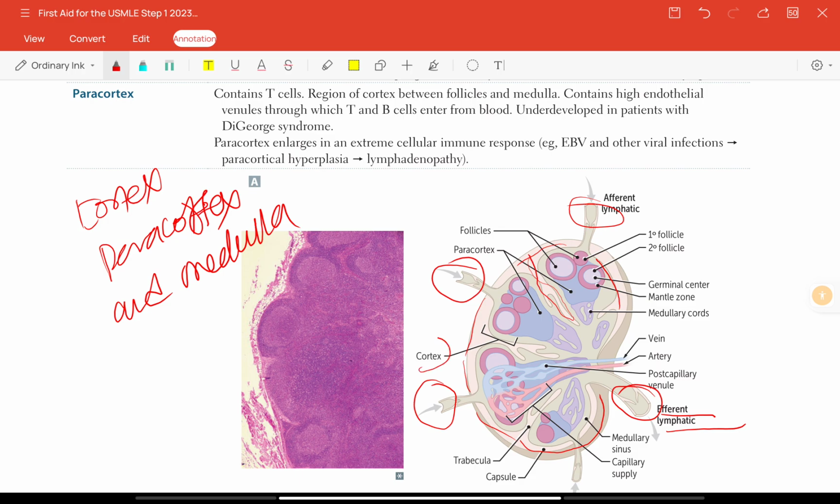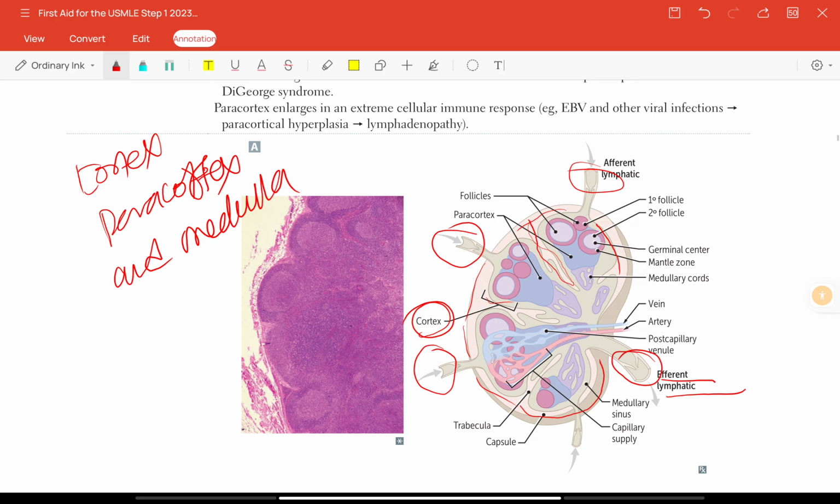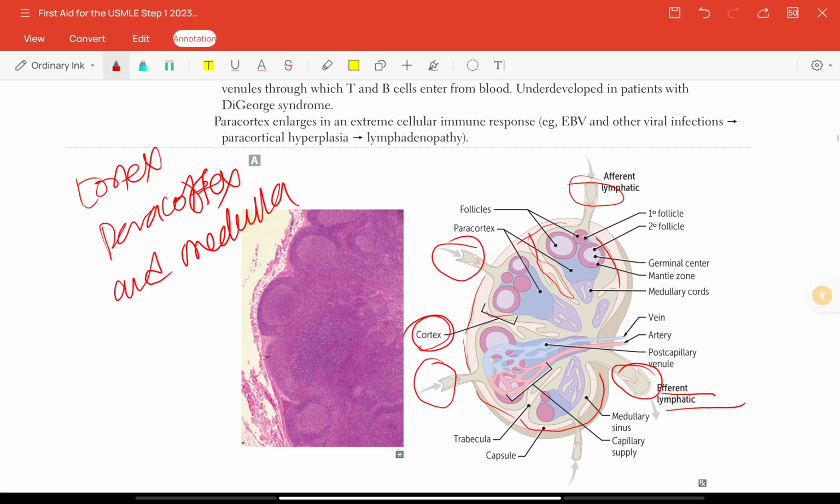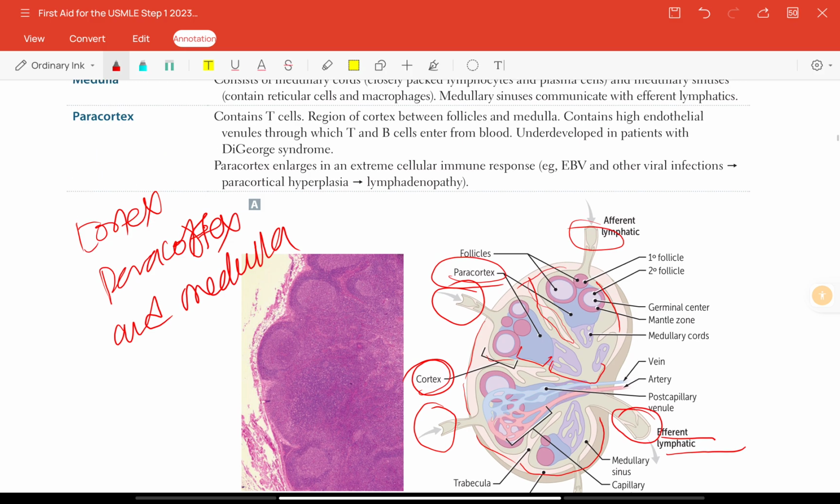Here we can see the cortex region. Likewise, here we have the paracortex, and then the rest is the medulla.